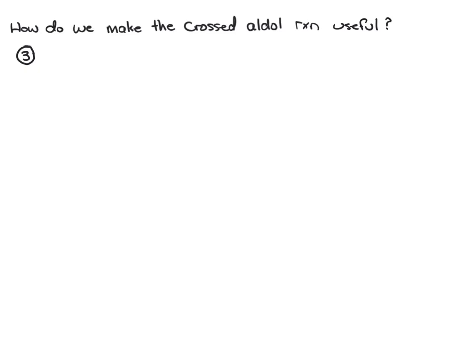There's one final way we're going to look at to make the crossed Aldol reaction useful. And this might be the most common method to do this in a lab. So what we do is, instead of using a weak base like hydroxide where you have an equilibrium, we use LDA as a base to form 100% of the enolate of one carbonyl compound.